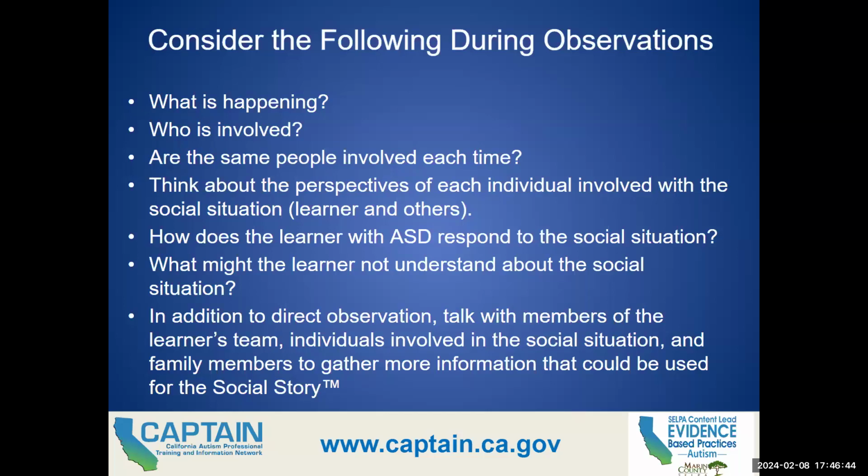We want to think about what's going on. And we just saw that checklist a second ago. You really want to do a little bit of a deep dive and see why the student is having what I would call a maladaptive behavior in that moment. What is possibly going on within their mind? Okay.